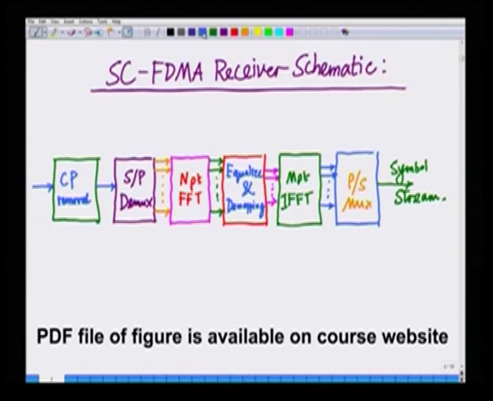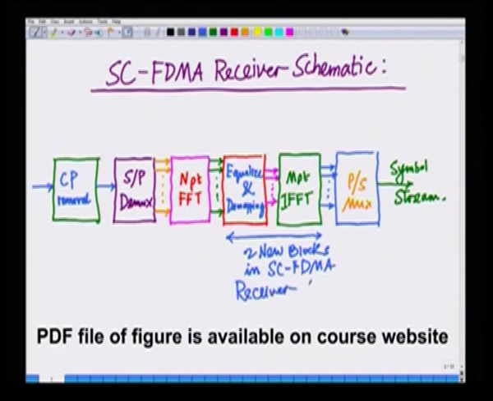If you look at this, these are again the two new blocks that we introduce in the SC-FDMA receiver schematic, and then I get back my symbol stream.